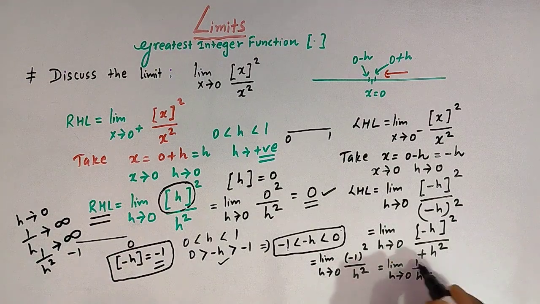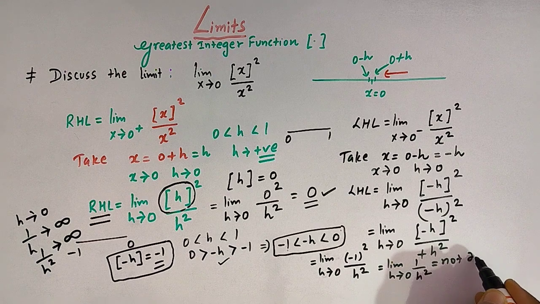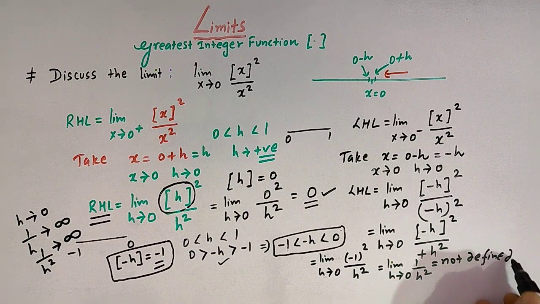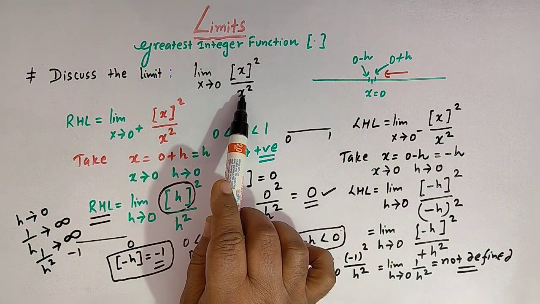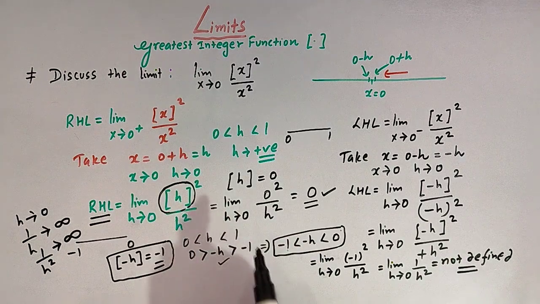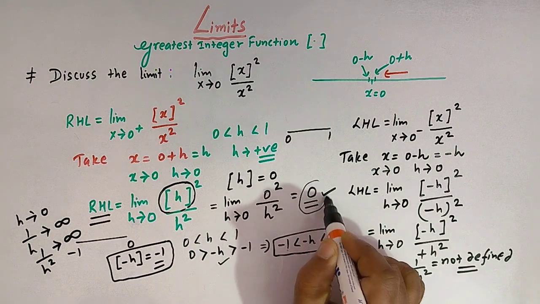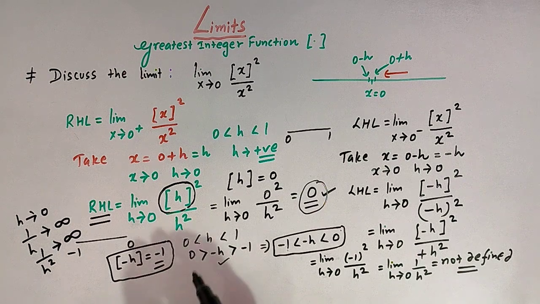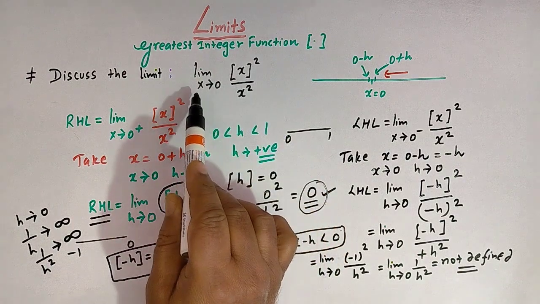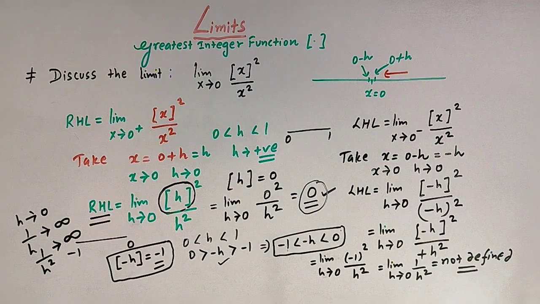So this limit is not defined. Here we see that the right hand limit of this function when x approaches 0 exists and is equal to 0, but the left hand limit does not exist. So we can claim that the limit of this function when x approaches 0 does not exist. This is how we can solve these types of problems related to limits.